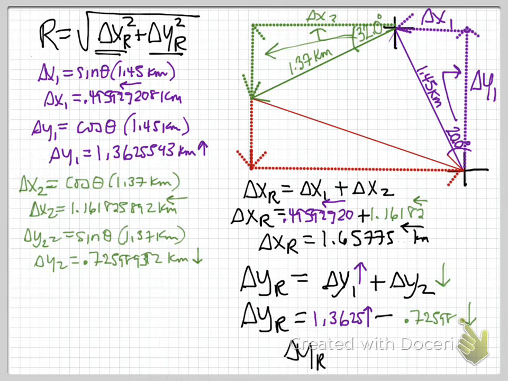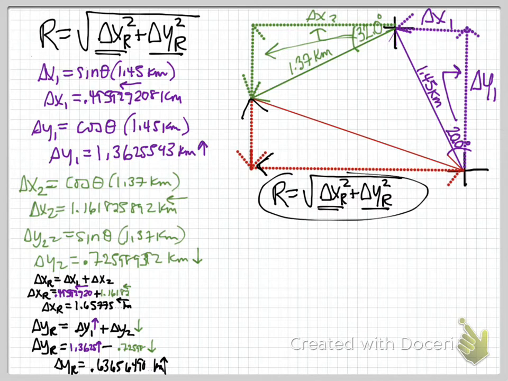When you do this correctly, you get a y resultant value of 0.63656490 blah blah blah kilometers, and of course this is northward. Now we're ready to look at getting our resultant. The other thing to note, I've noted these as northward and westward. They are, but remember, we're going to turn this around to get the route home, so don't panic too much about that yet.